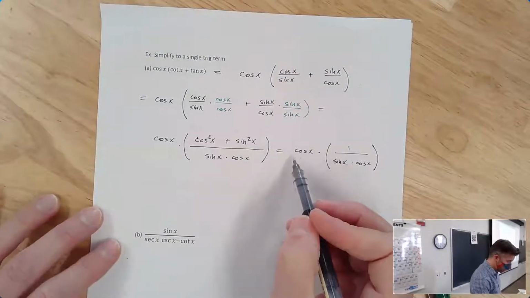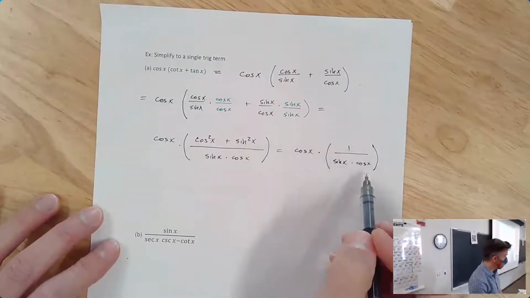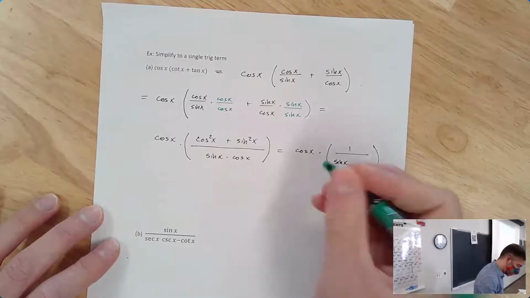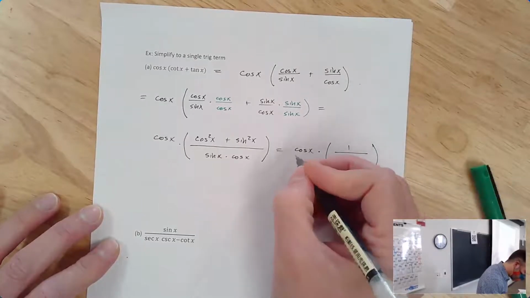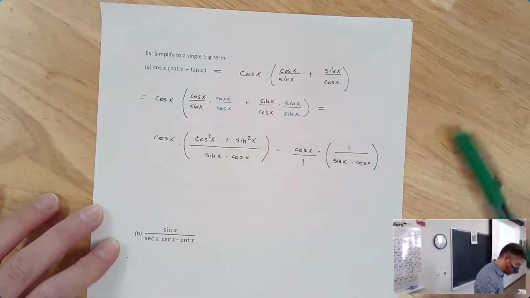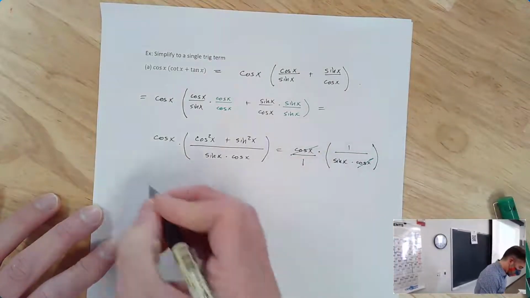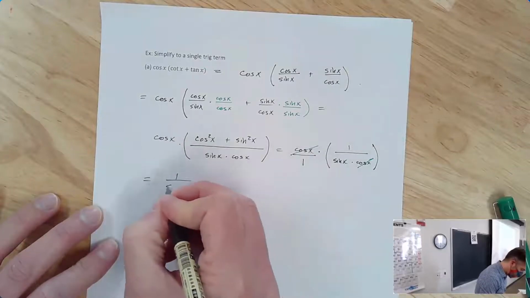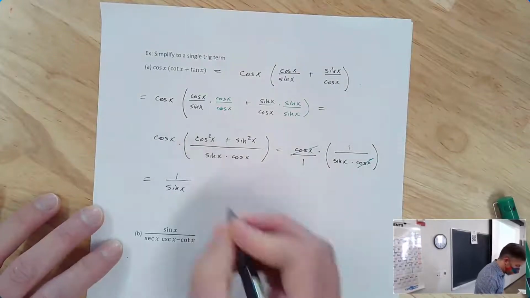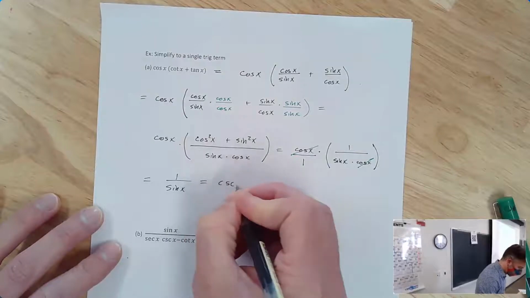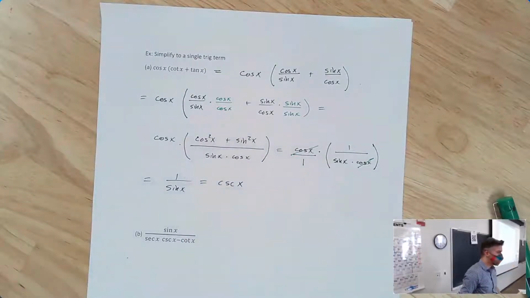Or you could write this as cosine over sine times cosine, but I'm just going to go straight to it: that cosine is really cosine of x over 1, and I can cancel that cosine there and that cosine there. So I'm left with 1 over sine of x, which I really should write as cosecant of x. And now we've simplified the expression down to one trigonometric term.